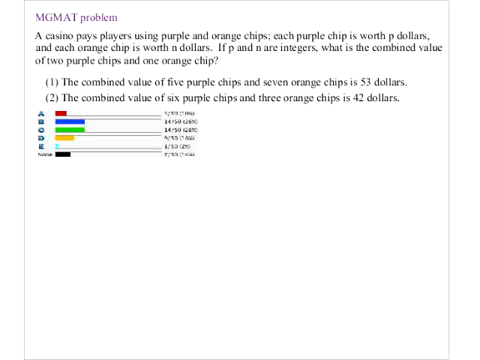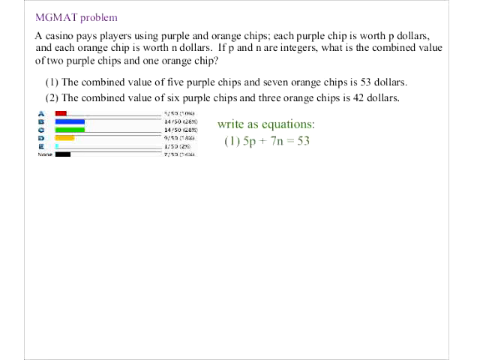So, here's the problem. Let's talk about it. You got purple and orange chips. So you can at least write these as equations. Let's do that. The first one winds up giving us that 5p plus 7n is 53.